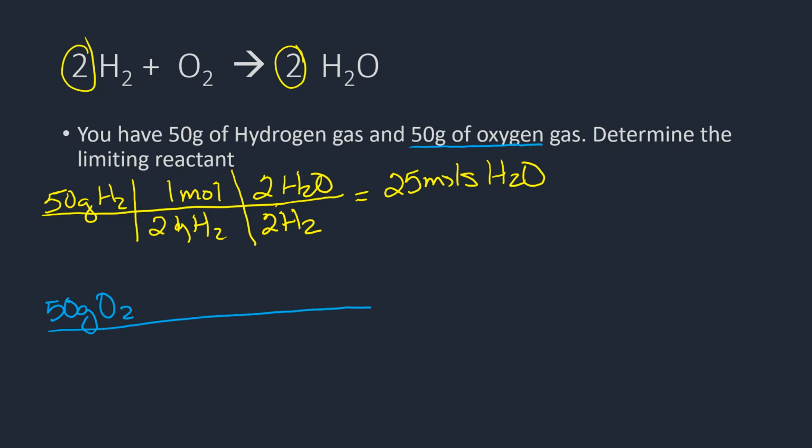We need to convert that to moles of oxygen. So 1 mole of O2, and oxygen is 16 grams times 2, which is 32, and that should equal 1.56 moles of oxygen.